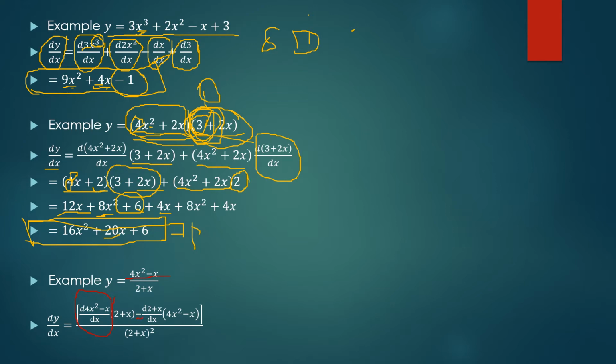Of course, you have to derive the denominator, that's why it is here, the derivative of 2 plus x all over dx, times the underived numerator, which is the 4x squared, which is here. Overall, you have to divide it by the denominator to the second power.